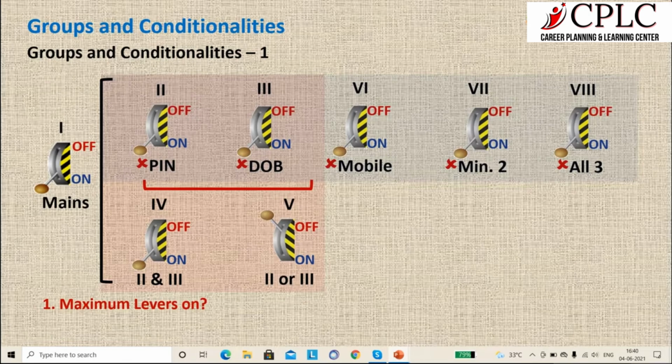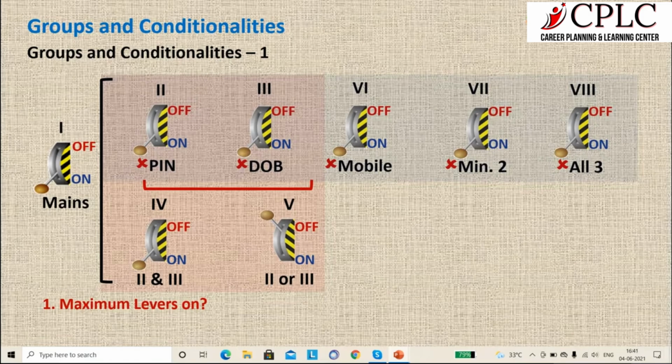And over here, all the three parameters are satisfied. Hence, lever 7 has to be on. Now, what about lever 8? Lever 8 will definitely be on. Why? Because all the three parameters are satisfied.